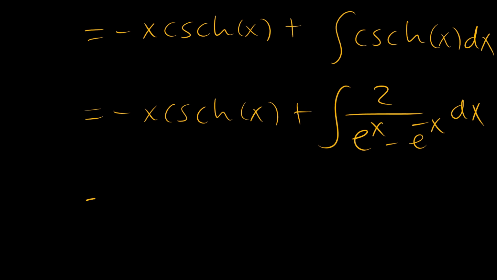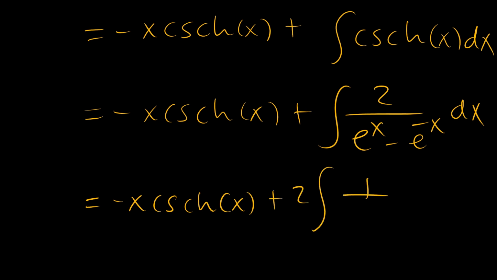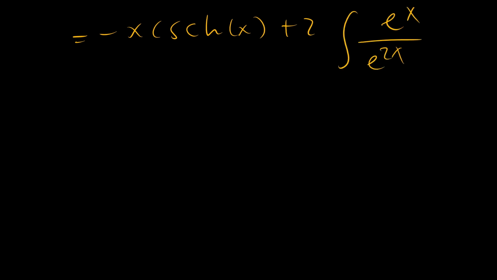And this becomes negative x cosecant x plus, pull 2 out, and then this becomes 1 over e to the x minus 1 over x. So the problem now becomes x plus 2 e to the x over e to the power 2x minus 1.